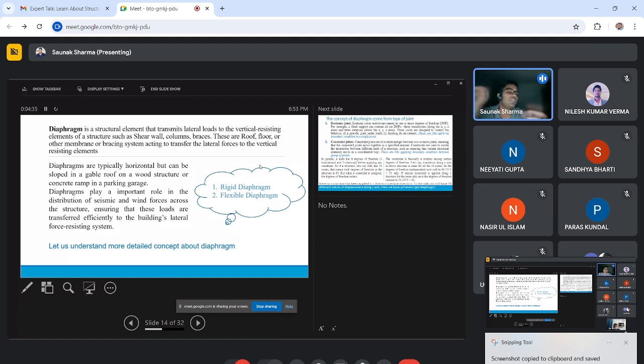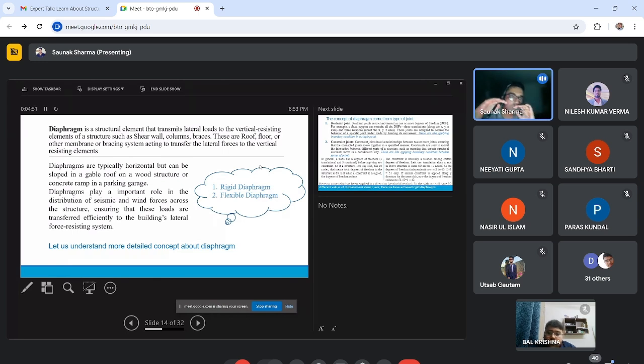If you see a PEB structure, a truss type of structure, this horizontal bracing system acts as a diaphragm. It helps to transmit the horizontal, lateral load to the vertical resisting element system. Diaphragms are typically horizontal but can be sloped, as in a gable roof, wood structure, or concrete ramp in parking garages.